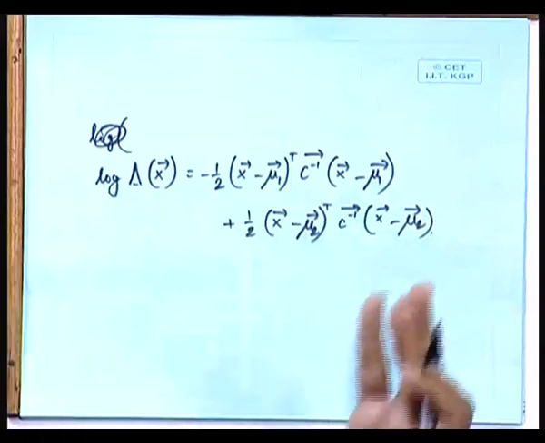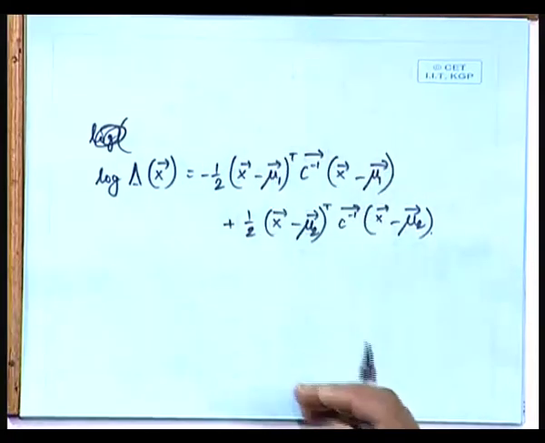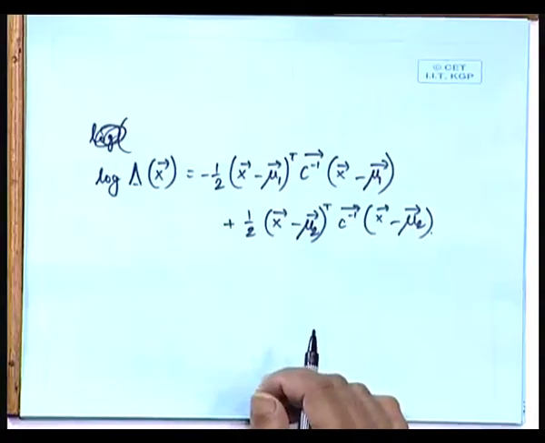So, the mu 2 term, and from that we subtract the mu 1 term. Simply the ratio of f x x given C1 and f x x given C2, taking the logarithm of both the sides.